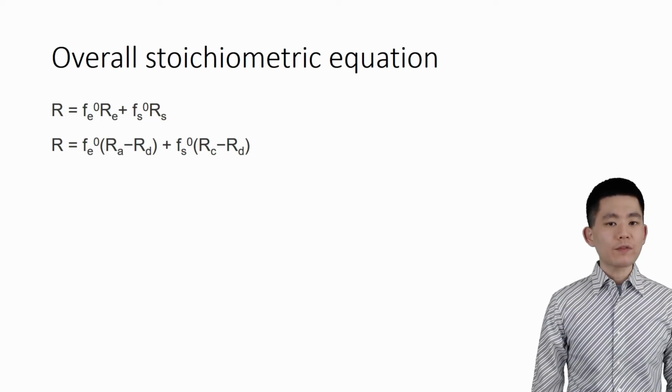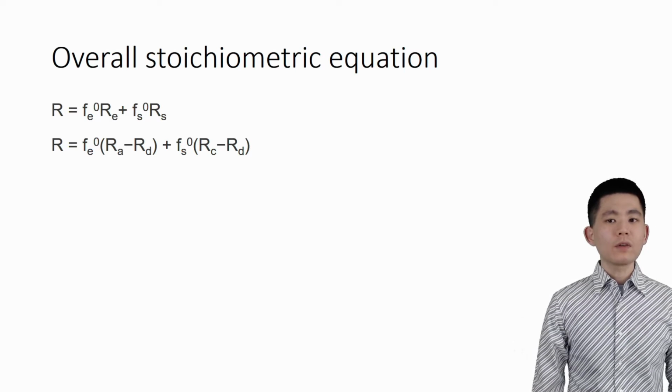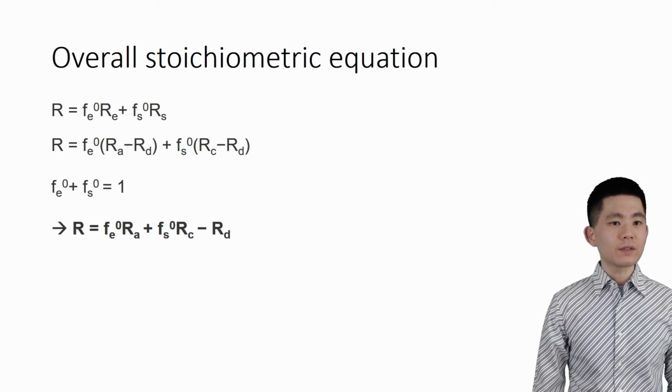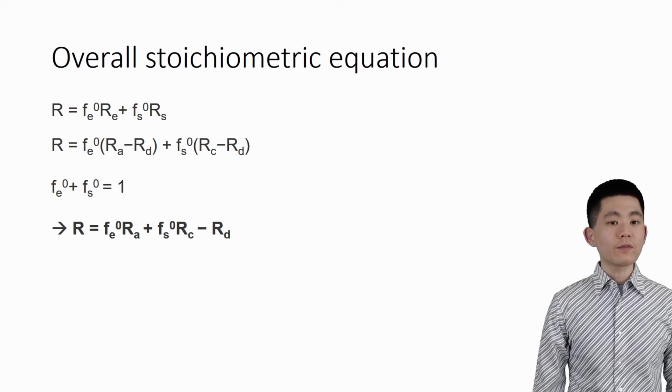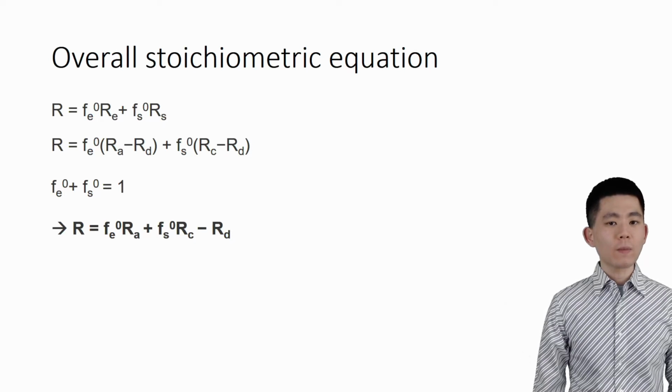Because the sum of Fe and Fs is 1, the overall reaction can be written as this. The superscript 0 on Fe and Fs indicates that they are the fractions for an ideal condition when the substrate is not a limiting factor and all the energy are used for self-synthesis, not for maintenance.